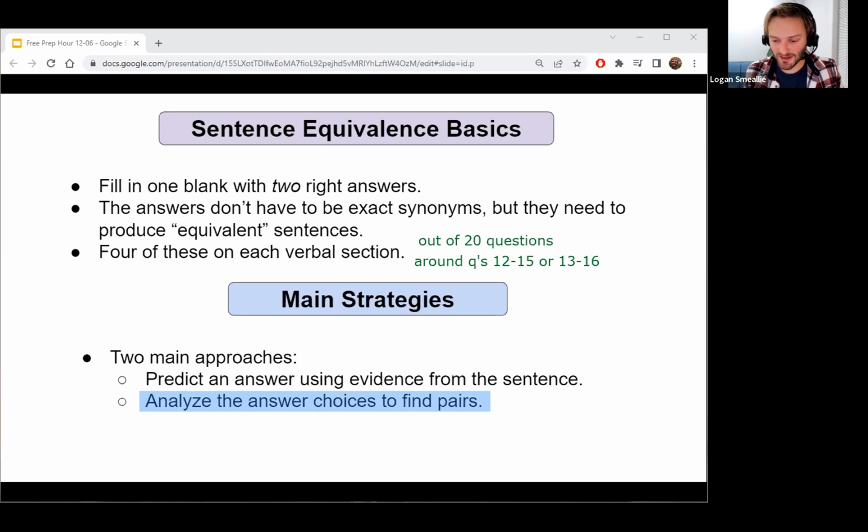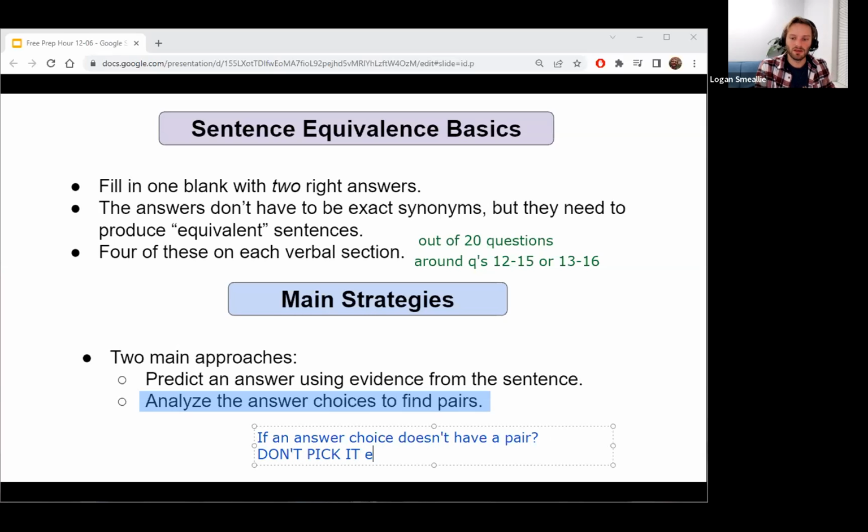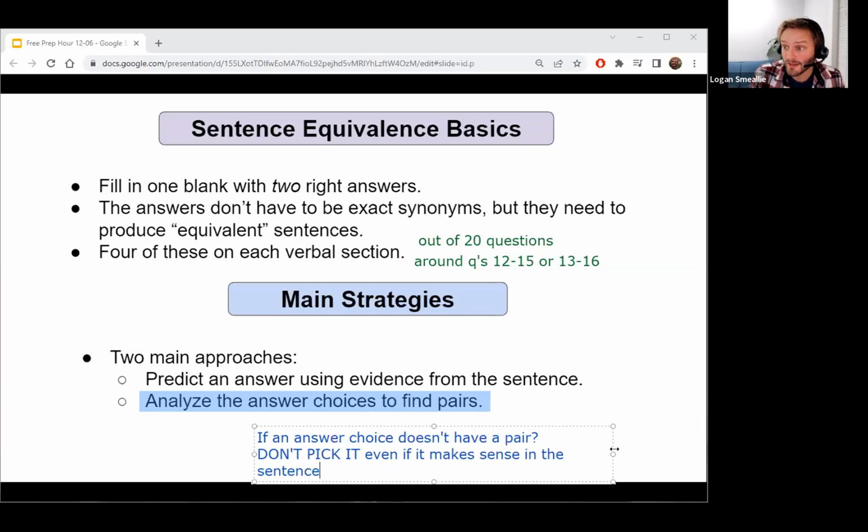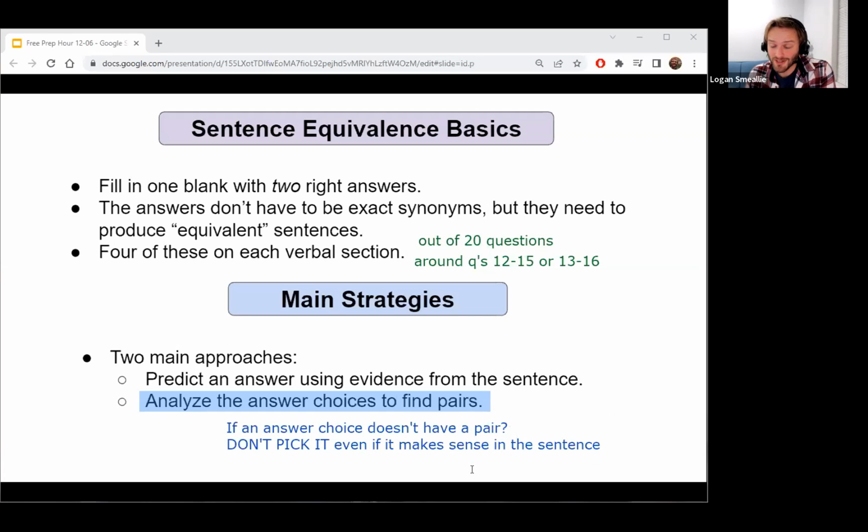That's one of the things that takes getting used to about this type: if an answer choice doesn't have a pair, don't pick it, even if it makes sense in the sentence. And that's where they kind of get you. If you haven't practiced this, it's very possible to look at a question of this type, pick one that makes sense in the sentence, but it doesn't have a close enough pair in the answer choices.